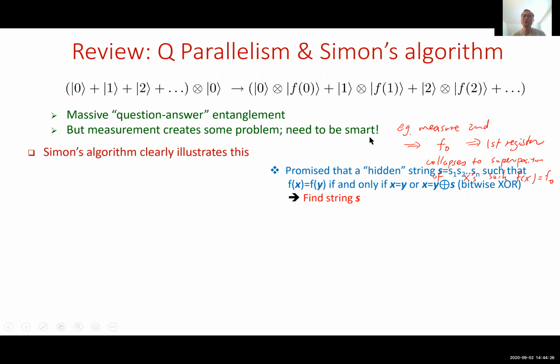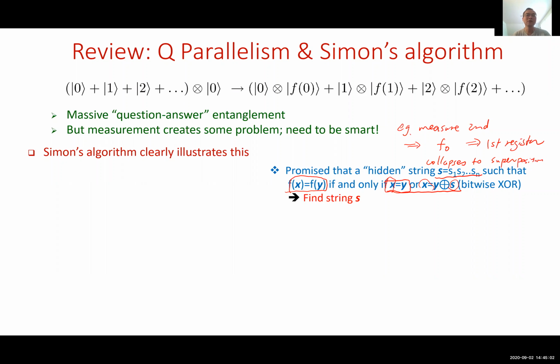There is a hidden string S such that the functional evaluations become equal if and only if the two arguments differ by this string S, or trivially when they are the same. So the goal is to find this S.